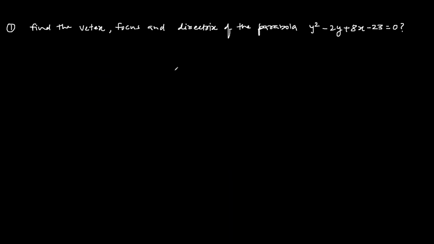Now let's solve this example. In this example we have an equation of a parabola, and we have to find the vertex, focus and directrix of this parabola. So this parabola has the term y square.